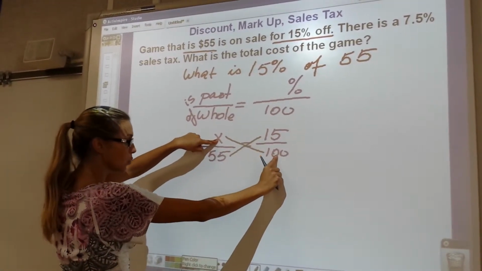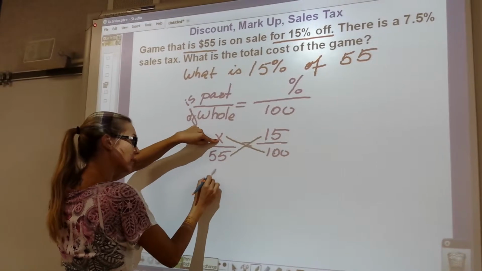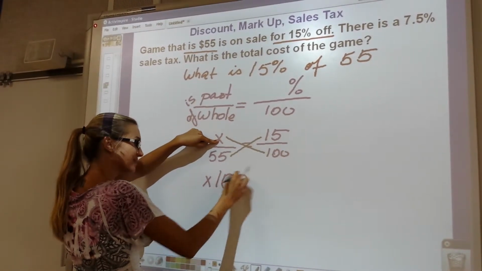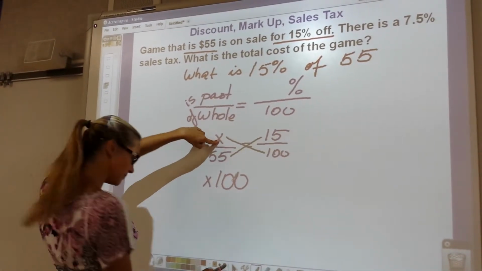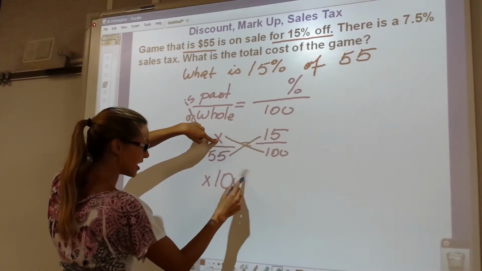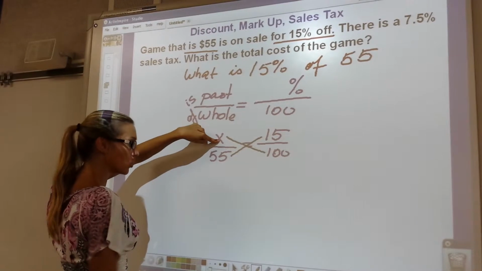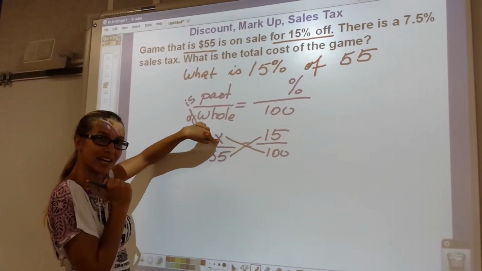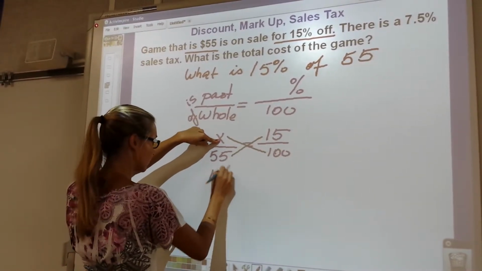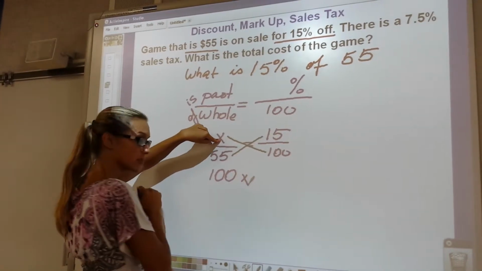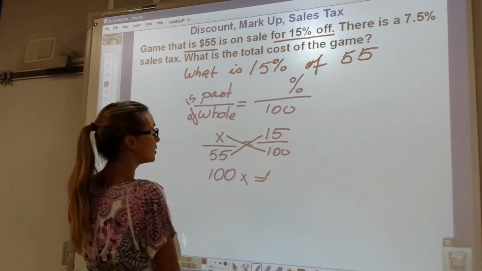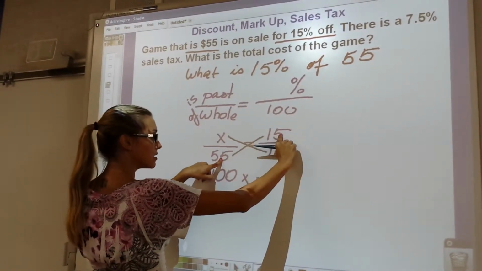X times 100. Can we write it like this? It just doesn't look pretty, does it? So I'm going to erase that. My students know I do not like things that don't look pretty. Math doesn't like that either. 100x, much better, equals 55 times 15.